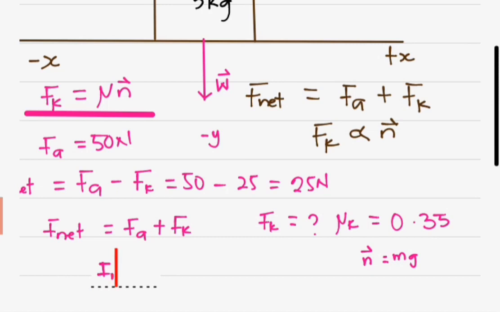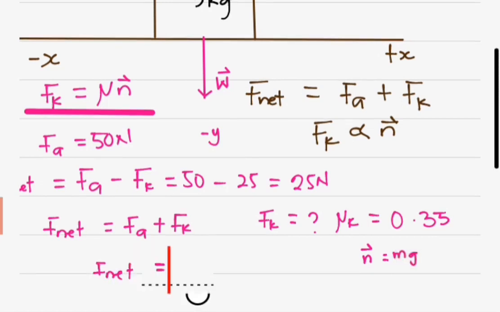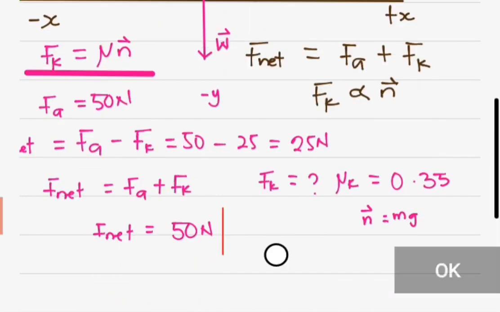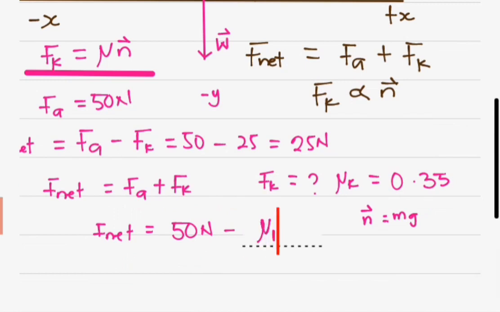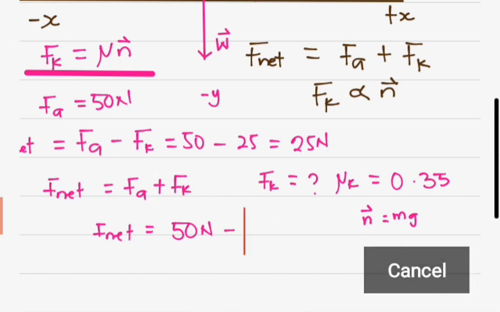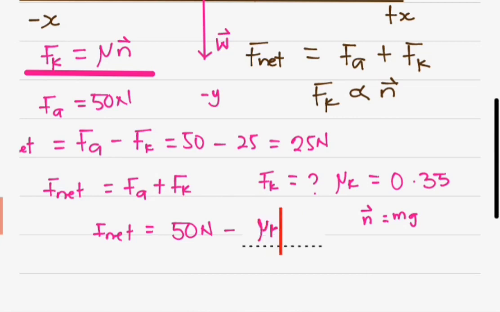So F net is going to equal your force applied, 50 newtons, minus, what is going to be your Fk? Your Fk is going to be mu k n, which is what? Mu k mg.